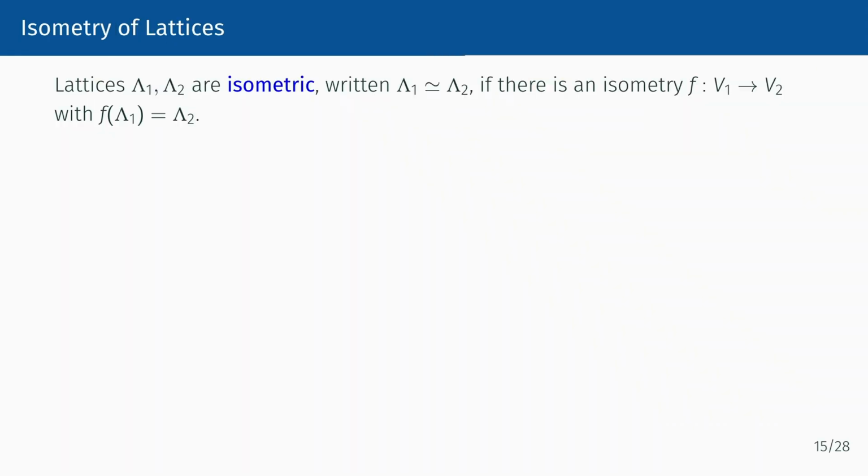All right. So now we can talk about equivalence of lattices, or isometry of lattices. We say two lattices are isometric if there's an isometry between the quadratic vector spaces that maps one lattice to the other.